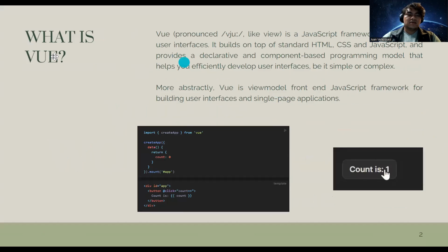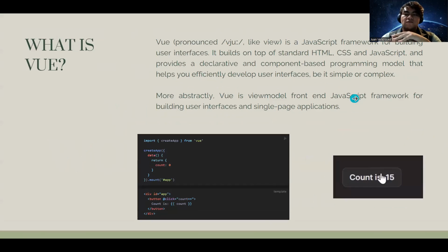So basically, Vue is a JavaScript framework, and it mainly handles front-end development. Do you all know what front-end and back-end is, and what full stack is? Yeah, okay.